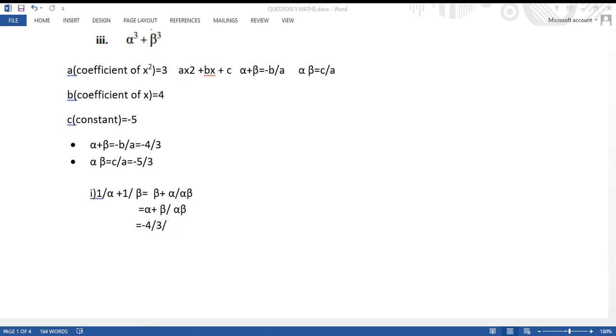Where I'm lost is, I understand that you did -3 times -4 to get 20, then -3 times 3 to get the 9. That's how you got 20 over 9. How did you get -64 over 27? We cubed this, negative 4 over 3.